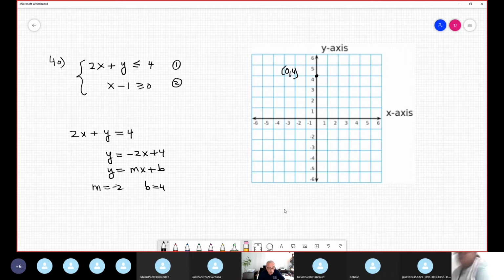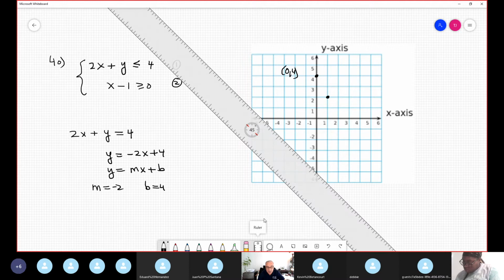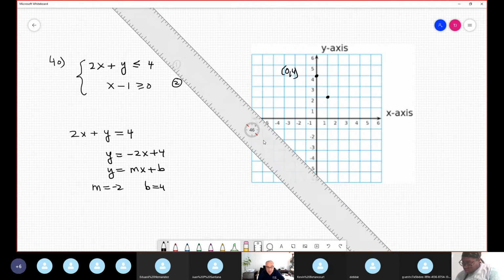Using rise over run, I know that the slope is negative 2, so 2 down and 1 to the right. We get the second point. This segment is the rise, and this segment is the run. But no, I don't want to complicate this. I'm using the rule to make a line.